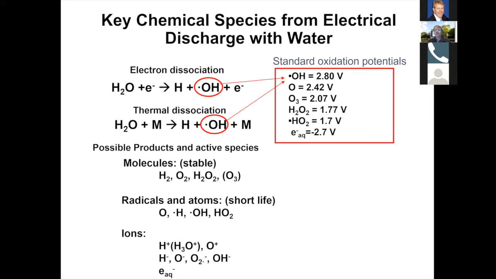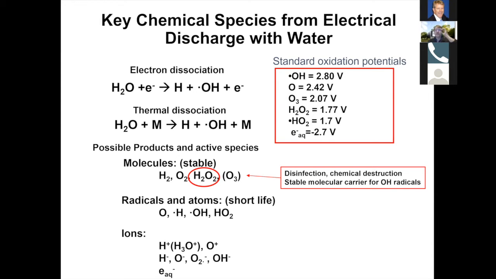The OH radical is one of the key reactive species because it has a very high oxidation potential. Ozone, of course, is also important in terms of reactions. In some configurations of plasma, gas, and liquid, ozone can be important, although often ozone itself is not as important as the OH radical directly.